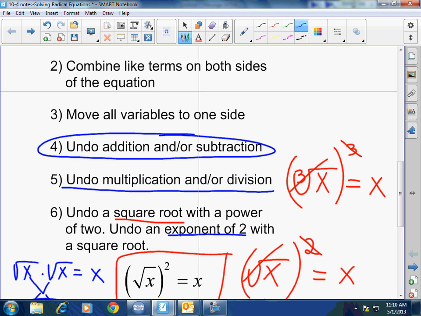The steps are, do all distributive property, undo any exponents if you have them, combine like terms, move the terms to one side, undo addition and subtraction, undo multiplication and division. If you guys don't know how to solve a regular equation, this is going to be very, very hard for you guys. So you must follow directions, please. And thank you.